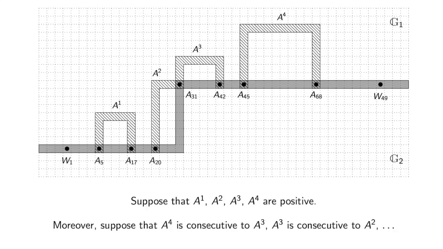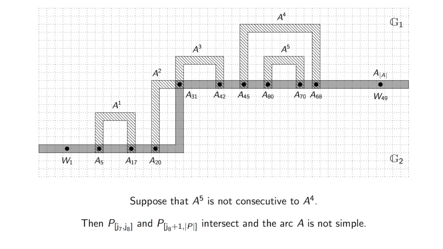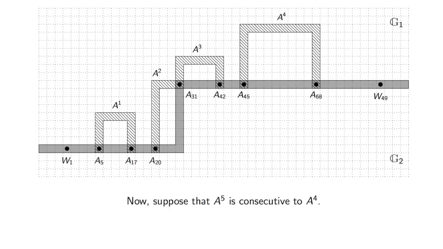Suppose that by using our method, we obtain 4 elementary arcs such that each arc is consecutive to the previous one. But suppose that A5 is not consecutive to A4. In this case, a position of the arc A belongs to the interior of A4 whereas its last position does not. Then arc A is not simple, which is a contradiction.